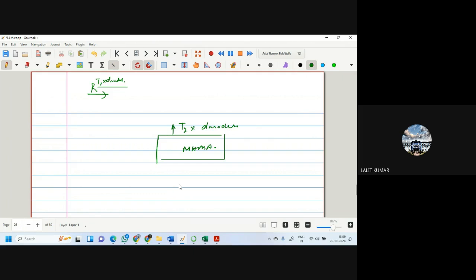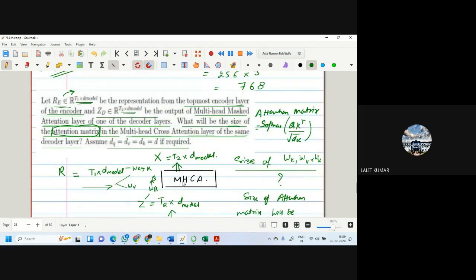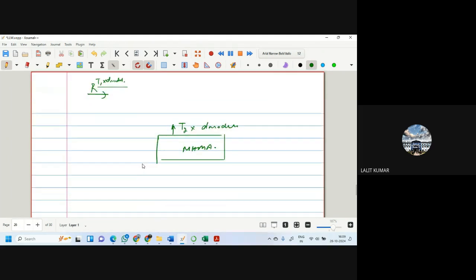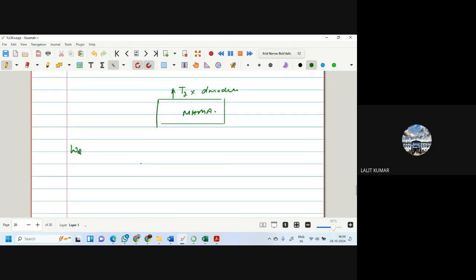And this is given, dq is equal to dv is equal to dk is equal to d, if required. This is same. So your Wq, Wk and Wv size is what again? D into d. Is that okay? Yeah. Okay.